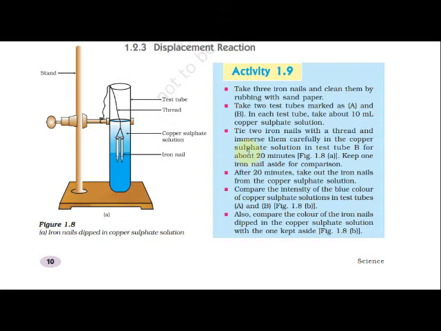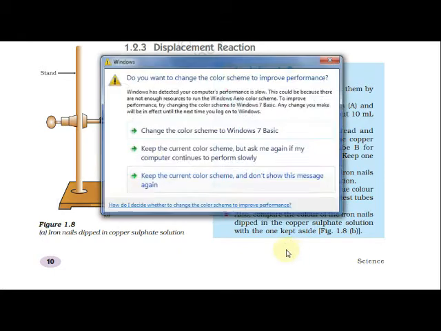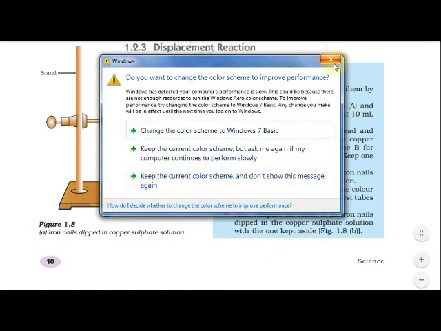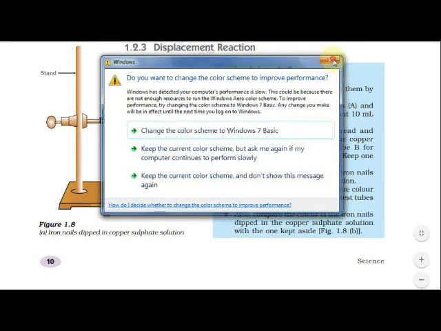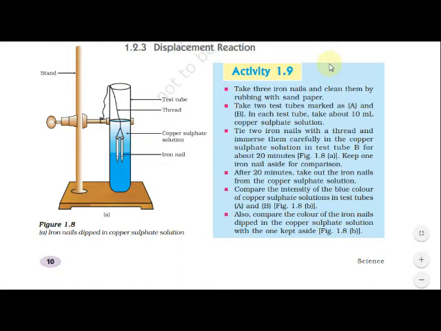Compare the intensity of the blue color of the copper sulfate solution in test tubes A and B, and also compare the color of the iron nails. So here we have to see the comparison between the copper sulfate solution and the iron nails.